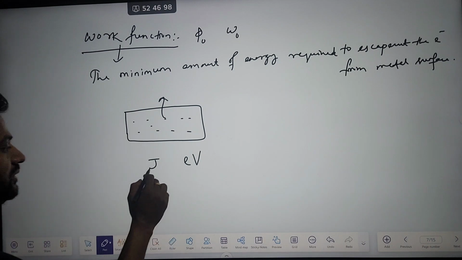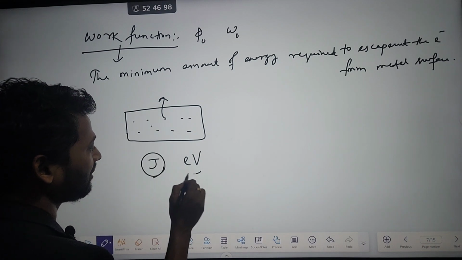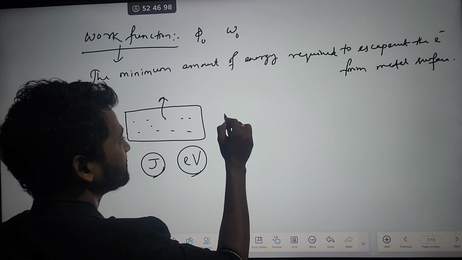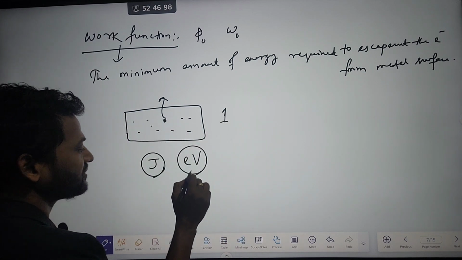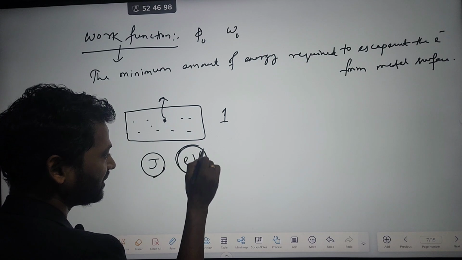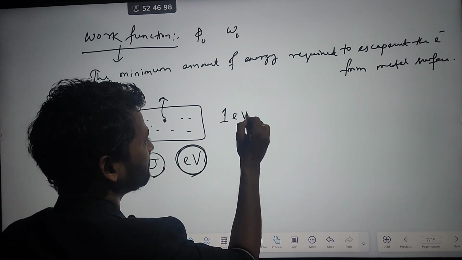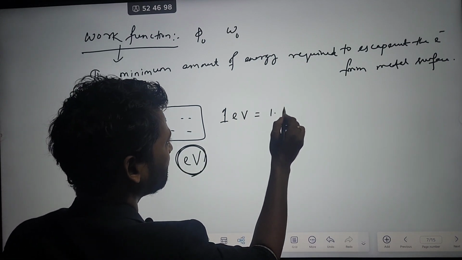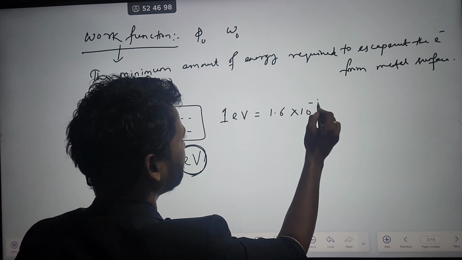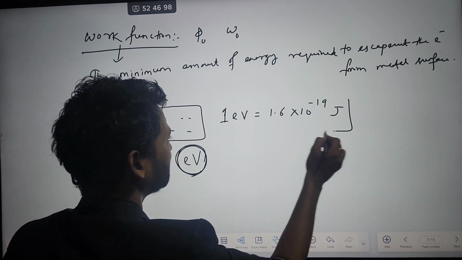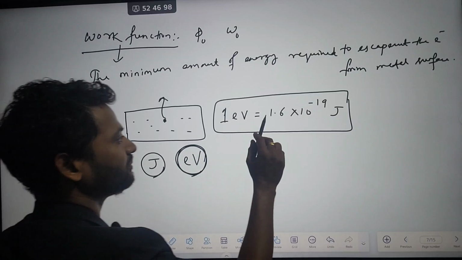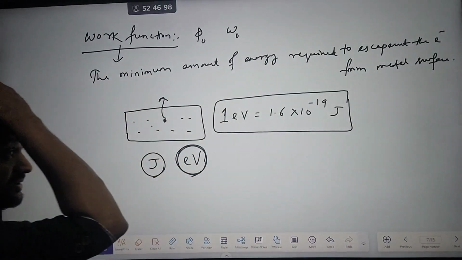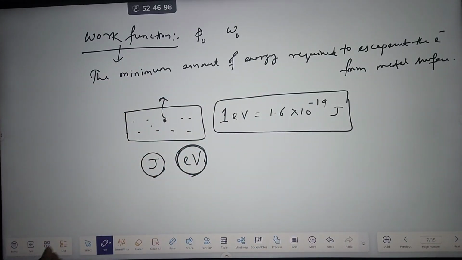The unit of work function can be joule or electron volt. Since you are providing energy to the electrons, the best unit you can prefer is electron volt. So 1 electron volt is equal to 1.6 into 10 to the power minus 19 joule. You have to always remember this.